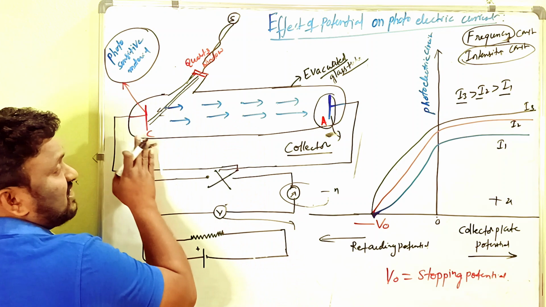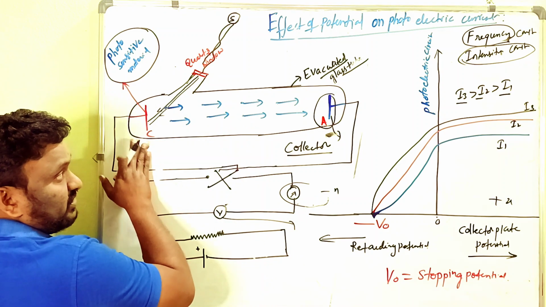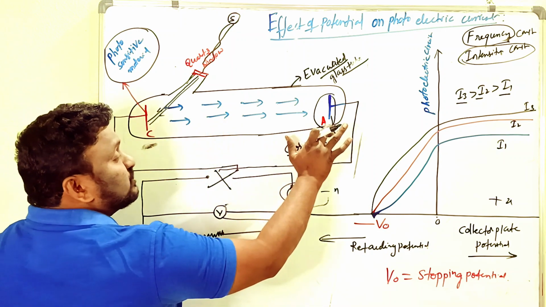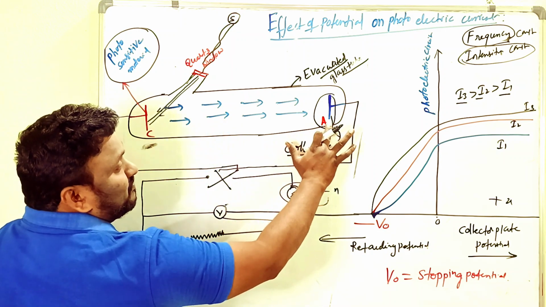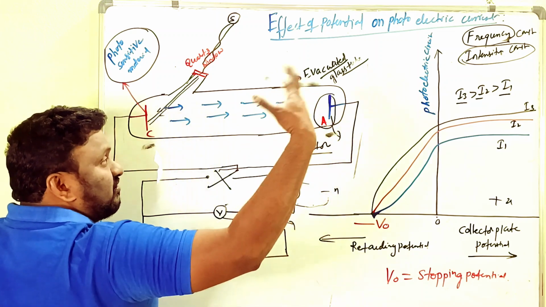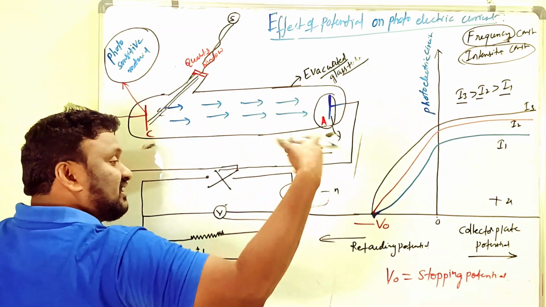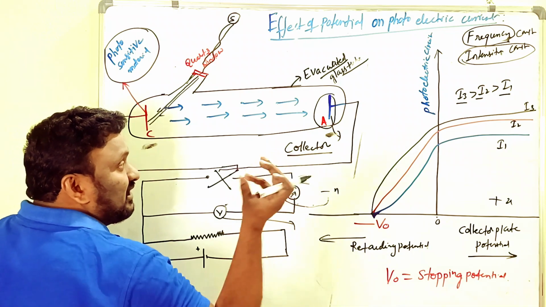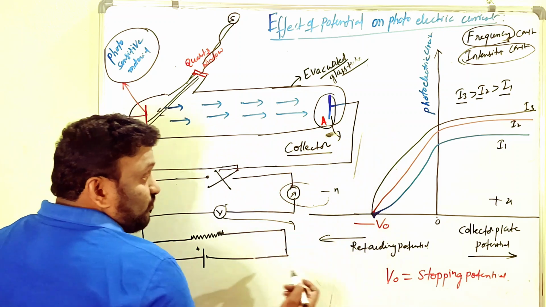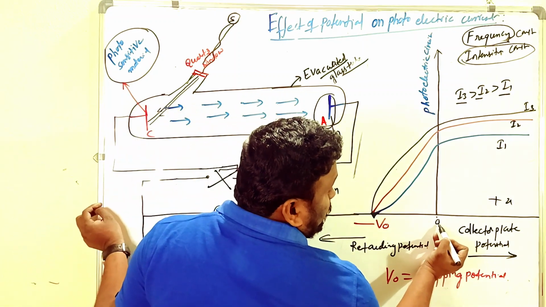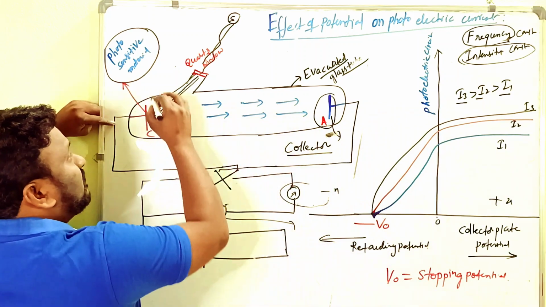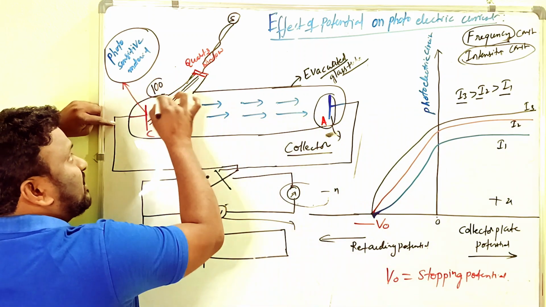Already we discussed, these electrons are coming from the cathode. More electrons will be collected when the positive potential is higher. When the collector has positive potential, the collection of electrons increases, and the value of A increases as we go from O towards the positive x-axis. Then, for example, here 100 electrons are liberated.